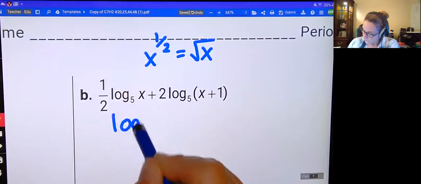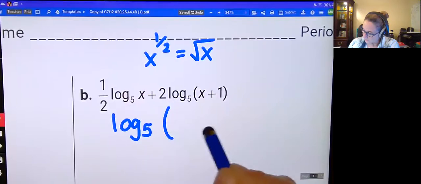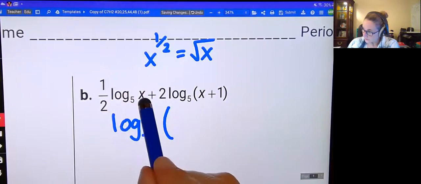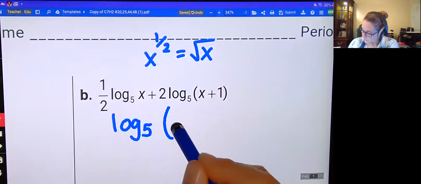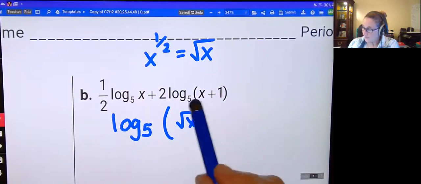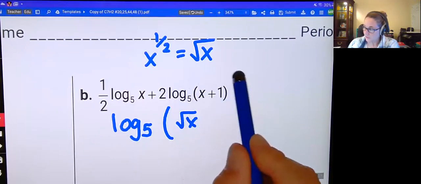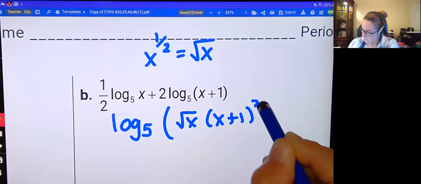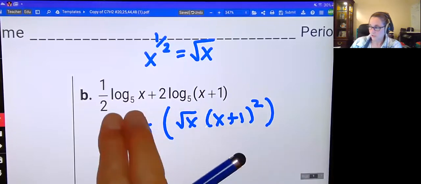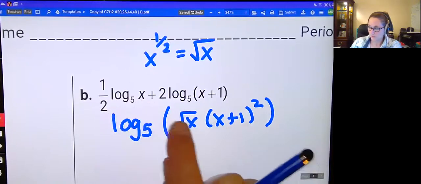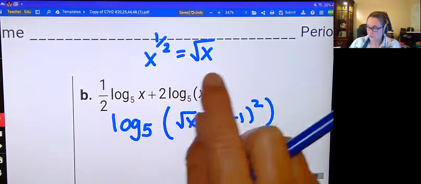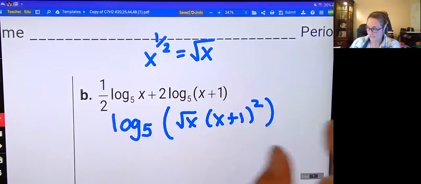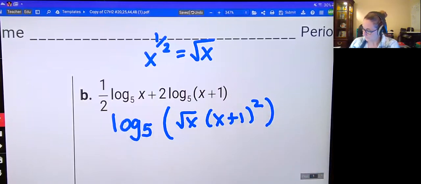So this is going to be log base 5 of, and again, this 1/2 means I have x to the 1/2, which is the square root of x. This 2 is going to become the exponent here. So this is going to be times x plus 1 squared. So again, this 1/2 power makes this a square root of x. This becomes the power 2. So I have this, and that's my answer.